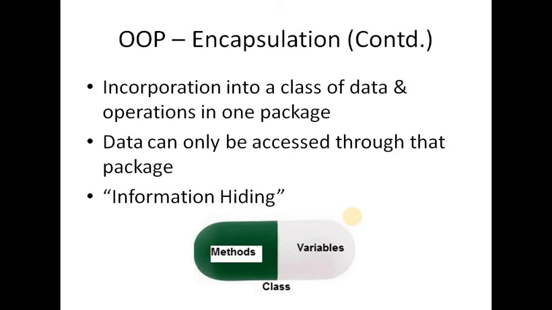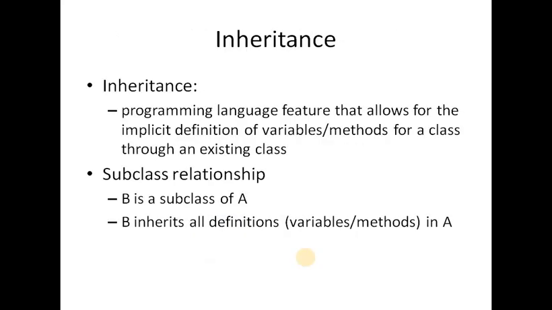Data can only be accessed through the package, and the information hiding concept is included in this encapsulation process. So when defining a class, we can mention these two terms: methods and variables are encapsulated into a single class. So this is the actual concept of encapsulation.